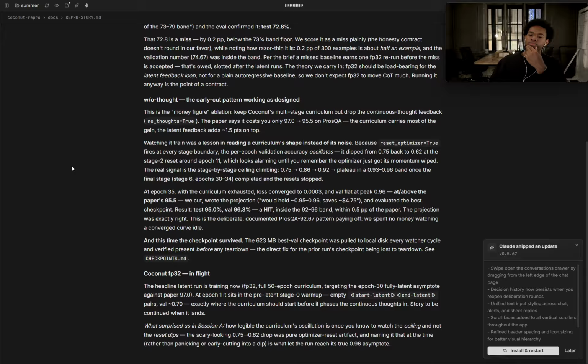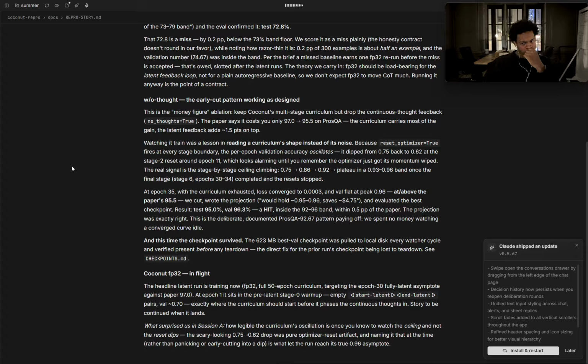The real signal is the stage-by-stage ceiling, climbing 0.75 to 0.86 to 0.92 to a plateau in a 0.93 to 0.96 band once the final stage, stage 6, epochs 30 to 34, completed and the reset stopped. At epoch 35, with the curriculum exhausted, loss converged to 0.0003 and validation flat at peak 0.96.